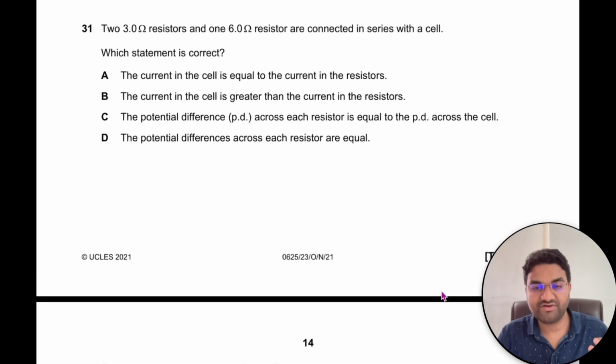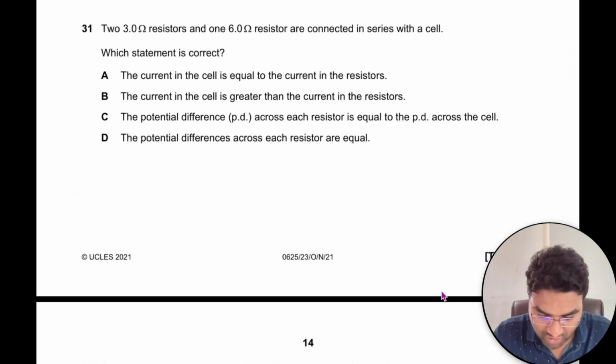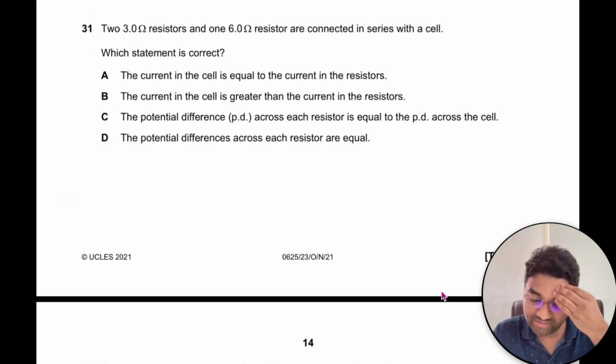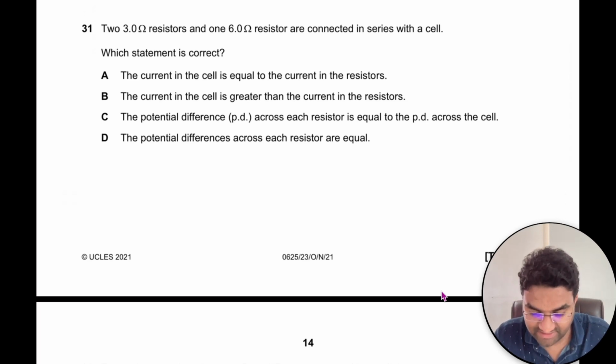Actually, in the 31st one we have a 3 ohm resistor and a 6 ohm resistor connected in series with a cell. Which of these is correct? Here the current in the cell is equal to the current in the resistor. That makes sense, because the current in the cell is basically the current in the resistor.